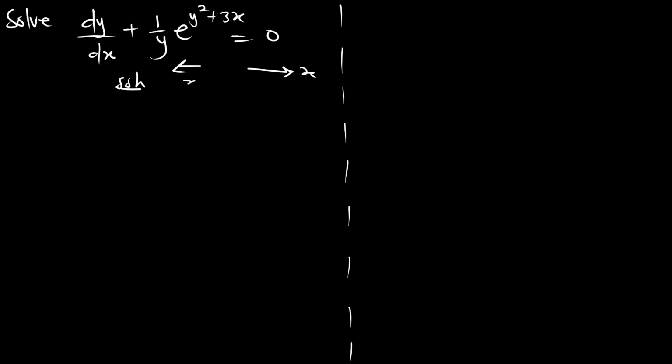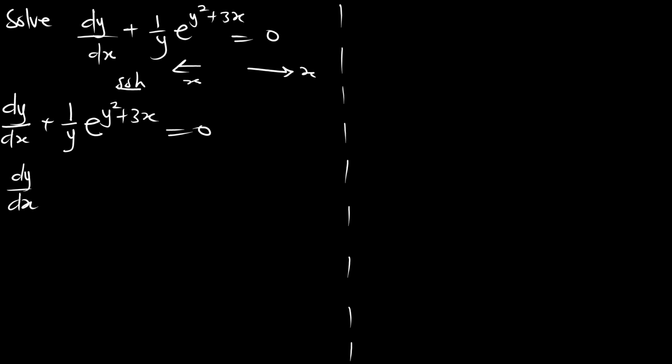So this is my original equation, dy/dx plus 1 over y e^(y²) plus 3x is equal to 0. How do I group like terms? I want to separate them. This is what I would do. I'll keep my dy/dx here and send negative 1 over y e^(y²) plus 3x.